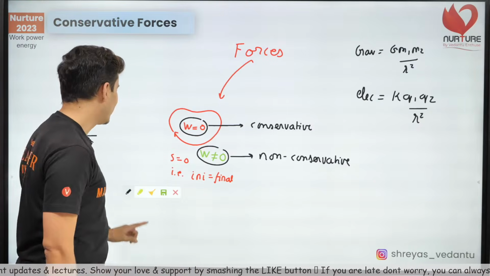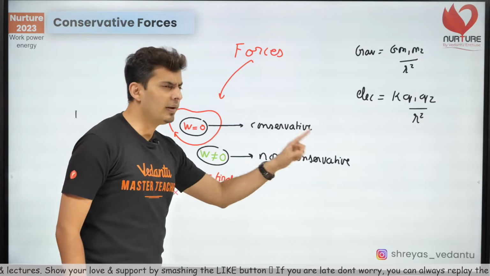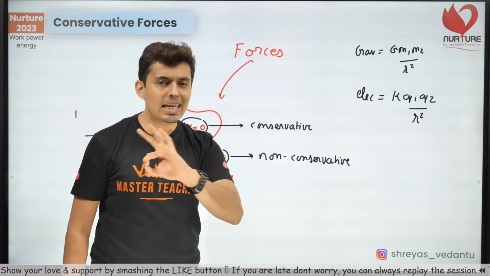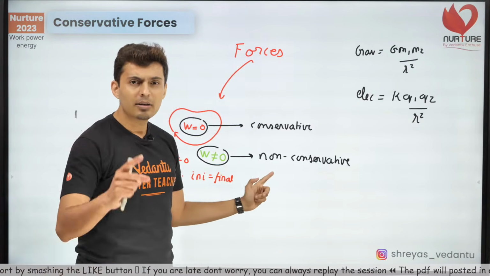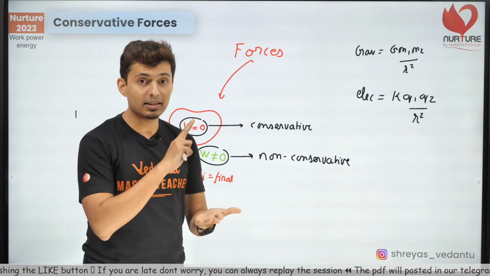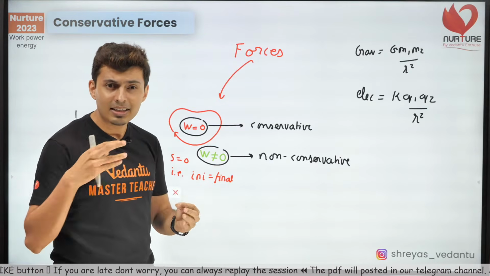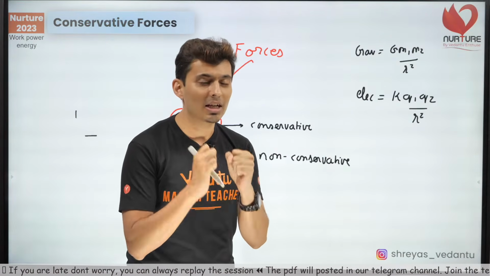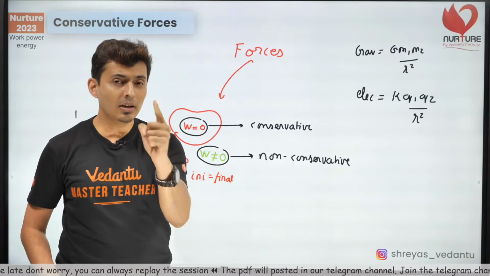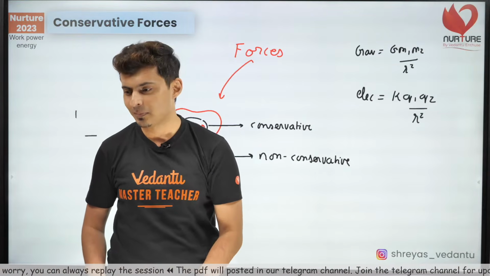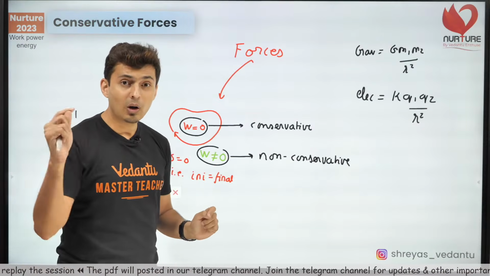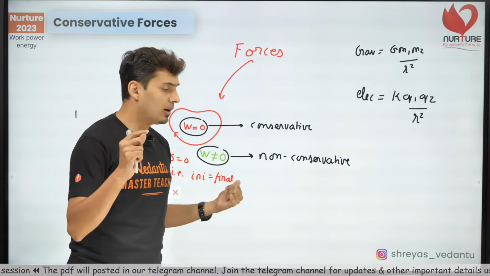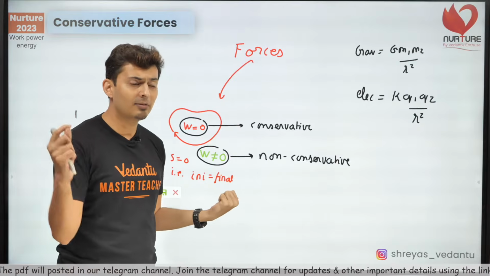So that's the idea. Now what kind of forces will be non-conservative? All evil forces like friction, viscous drag or air resistance are non-conservative forces, including tension and normal. I will repeat, tension and normal will also be non-conservative, just like friction and viscosity.